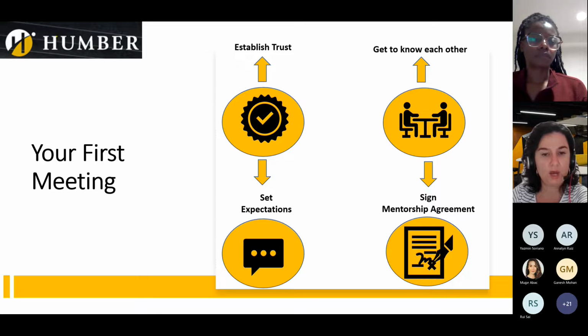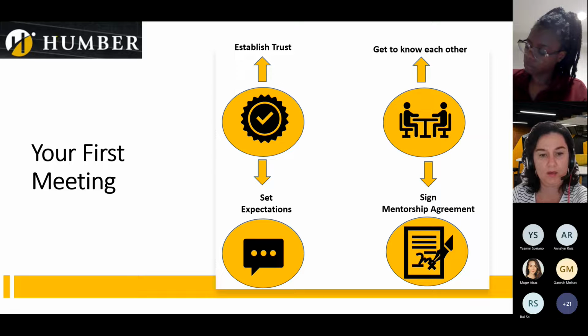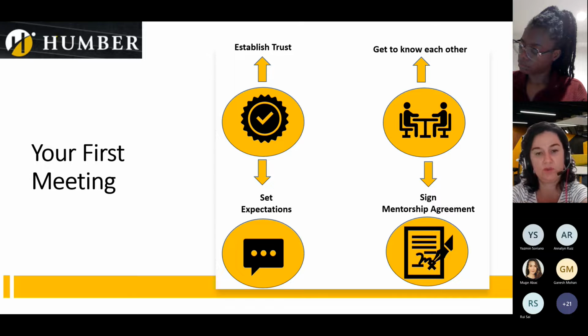If it's a 24 hours notice of the cancellation, or if the mentor may not accept a last minute cancellation. So being respectful of each other's time and schedule is very important for a successful partnership. So all these must be outlined in that mentorship agreement template.